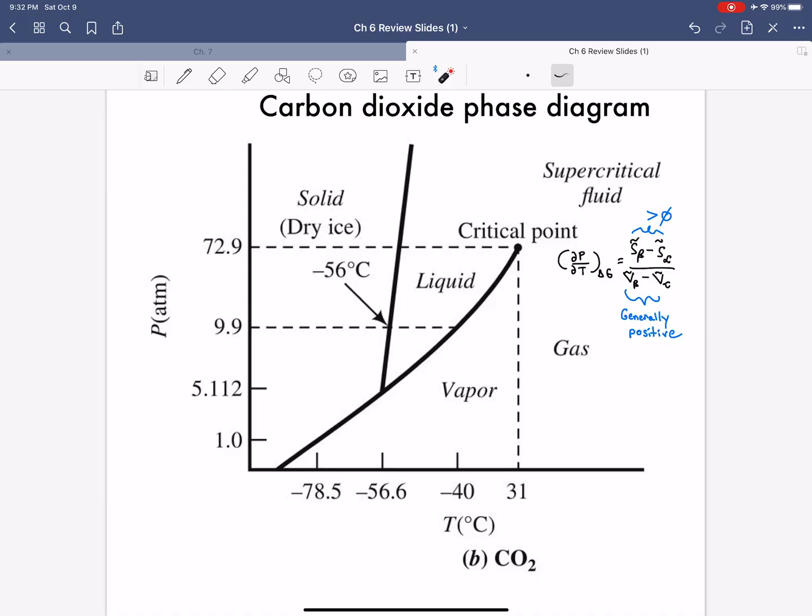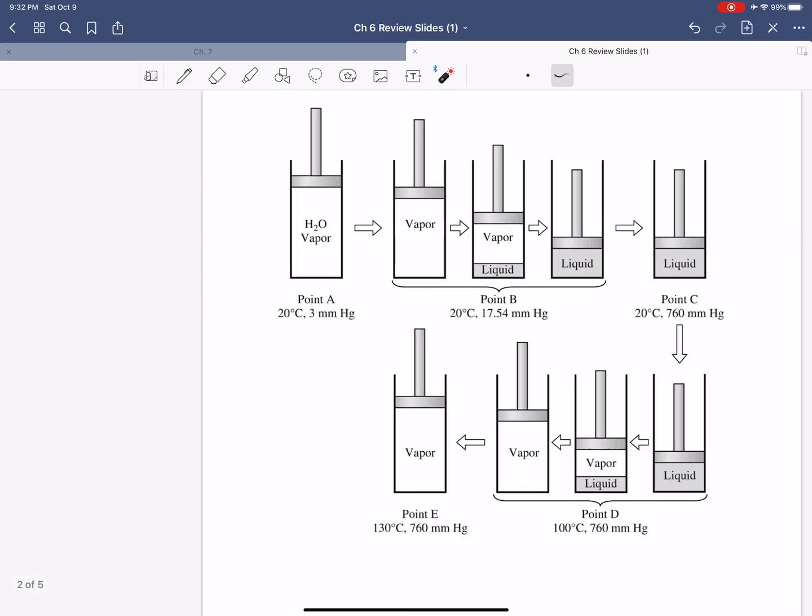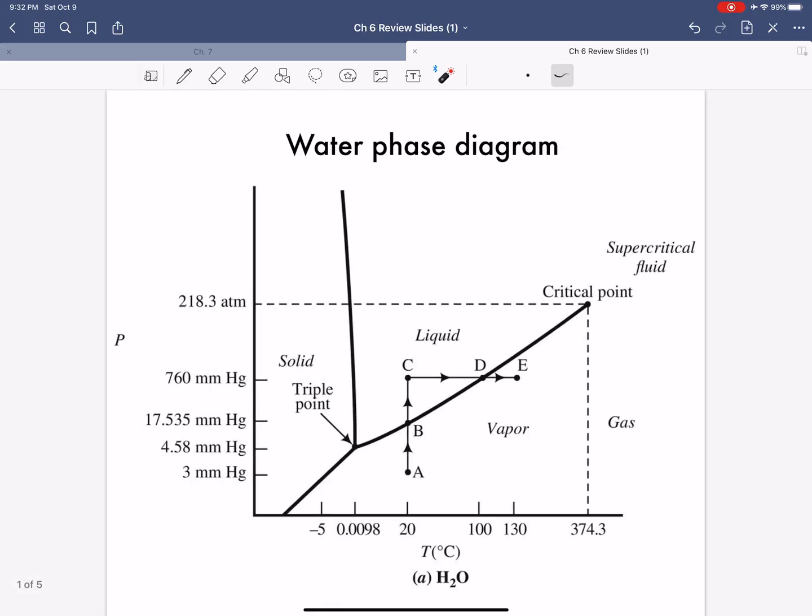And so for that reason, that's why you see all of these boundaries have a positive slope in this phase diagram. But that's not true of every chemical. In fact, in particular, for water, we don't see that for the solid to liquid phase boundary.